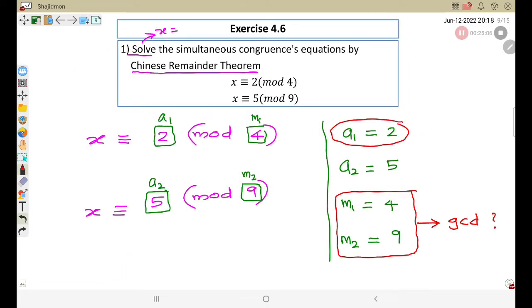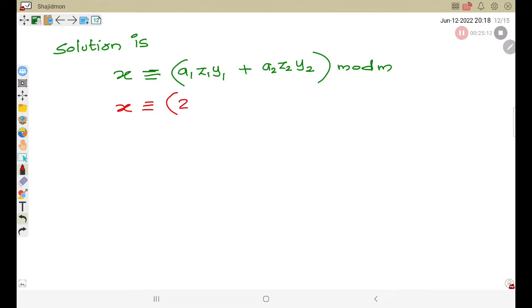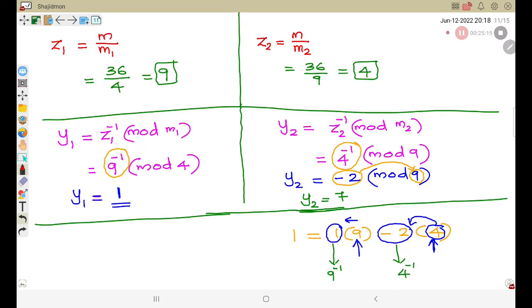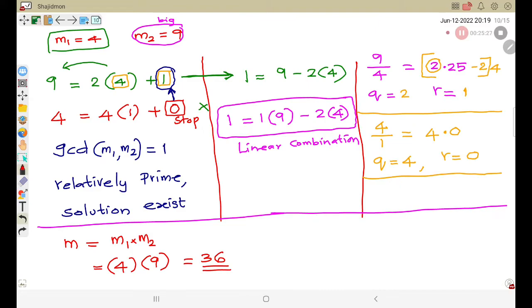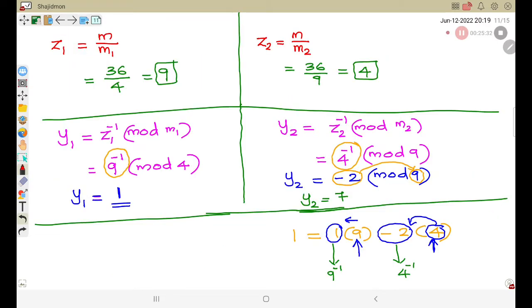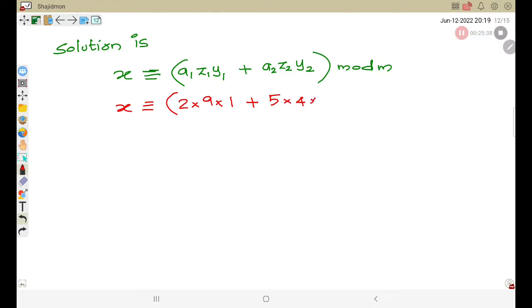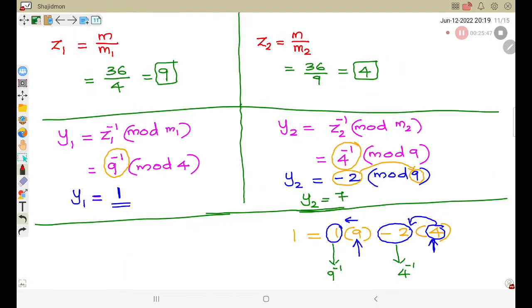So 2 multiply Z1, just before we got 9, correct, multiply Y1, which is 1, plus A2 number, which is 5, multiply Z2 number, 4, multiply Y2 number 7, mod M number, which we got just before, 36. M is 36.